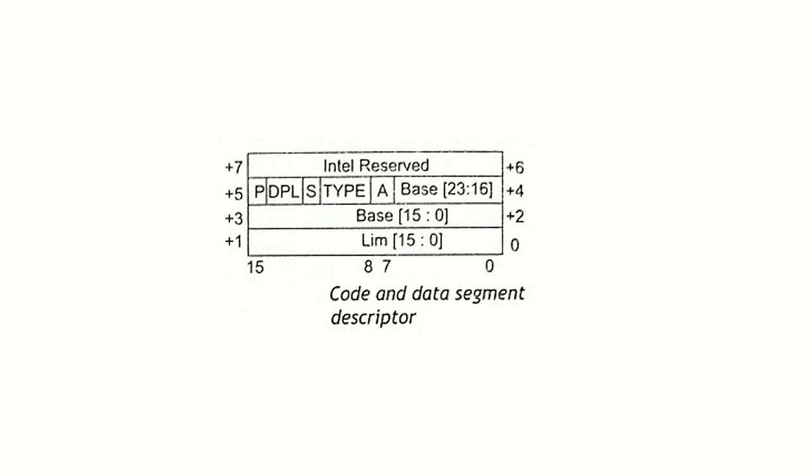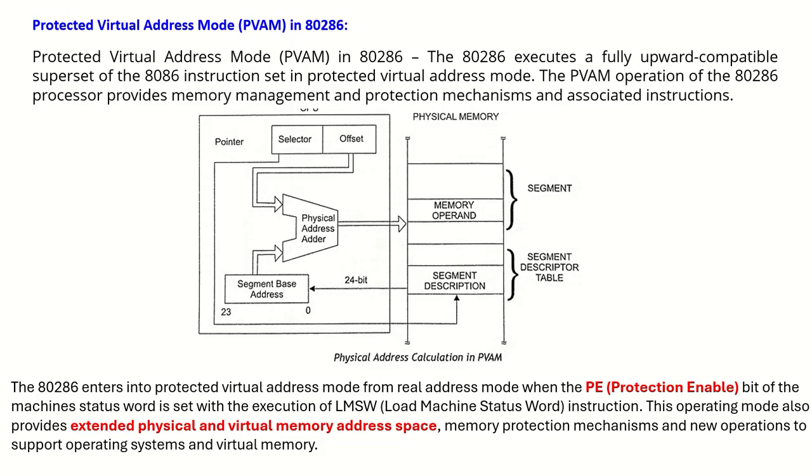So you can limit the size of the segment up to 64K as far as the 80286 is concerned. And the base address is 24-bit; every descriptor consists of it. So before you fetch the segment, the descriptor provides the 24-bit base address as discussed in the previous diagram.